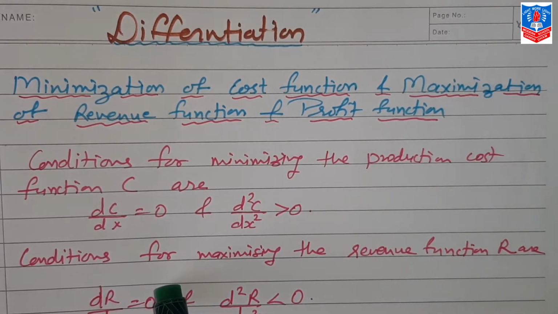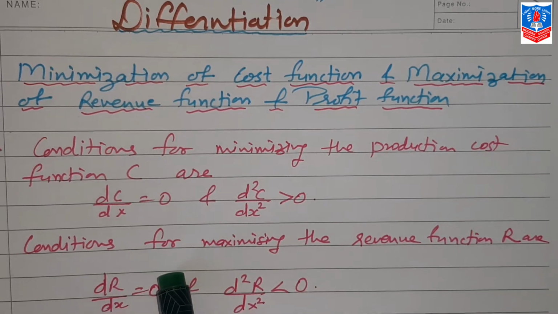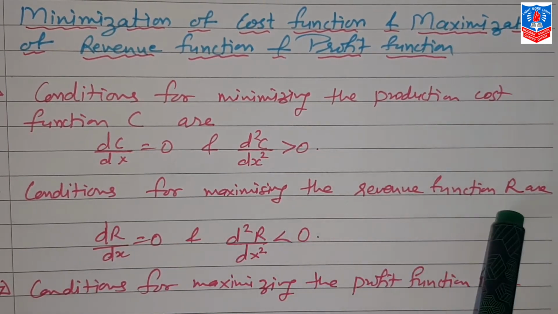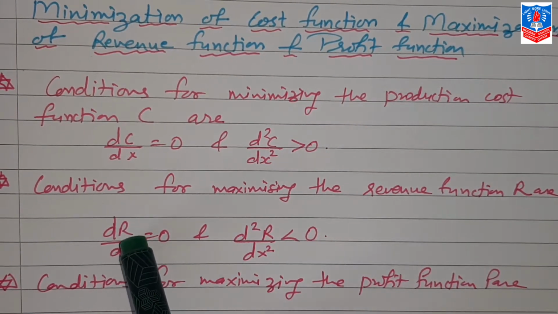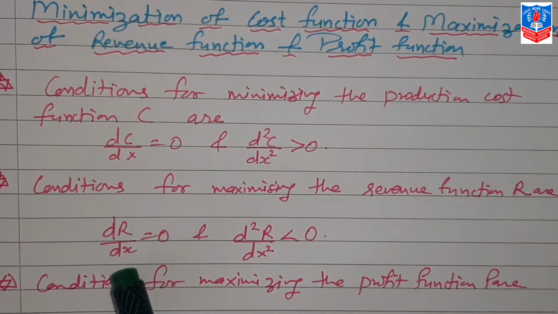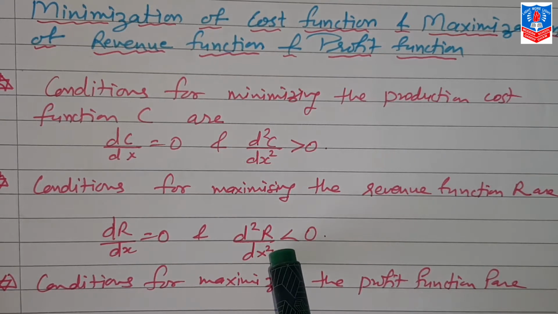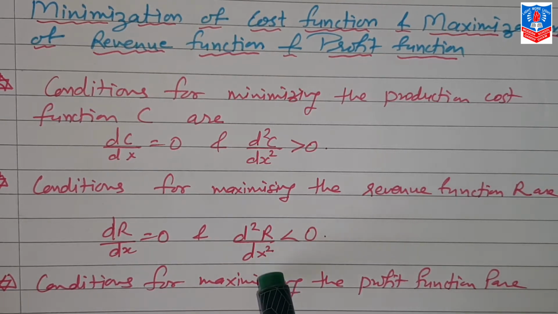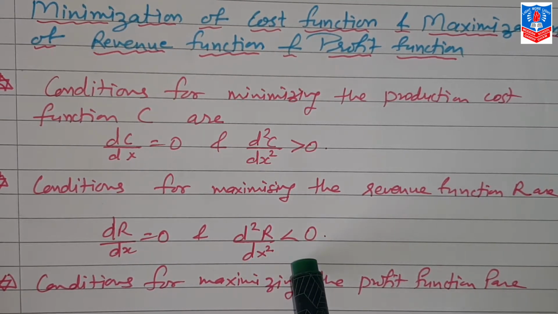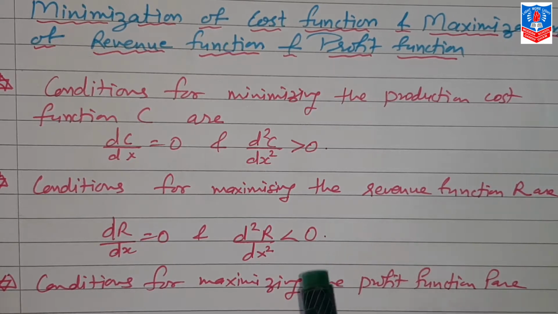In the same way, conditions for maximizing the revenue function are: first condition, dR/dx is equal to 0, and the second order derivative d²R/dx² should be less than 0.